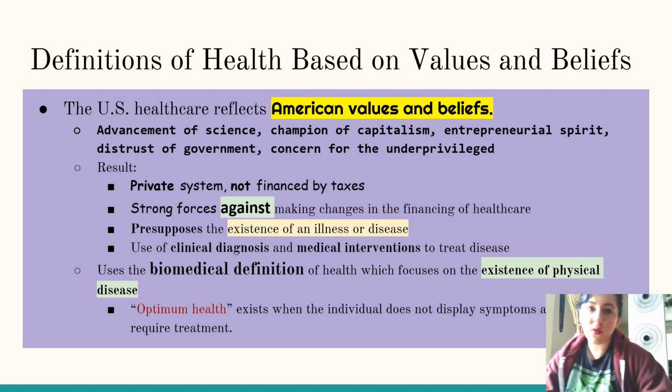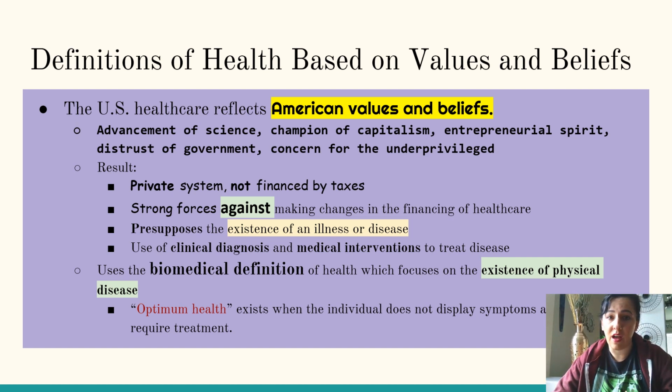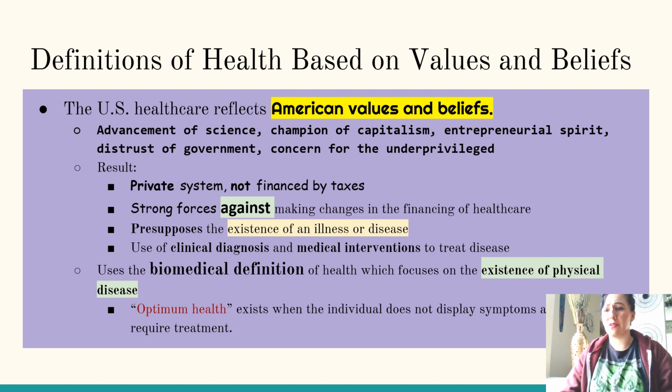Next, we're going to look at how our American values and beliefs have influenced health and how we perceive health, how we govern our healthcare, and how we've created our system of healthcare in the United States.